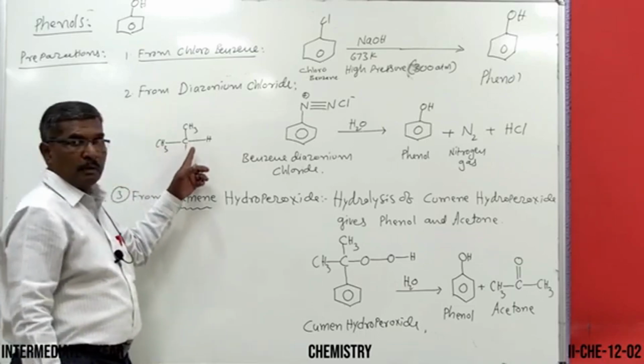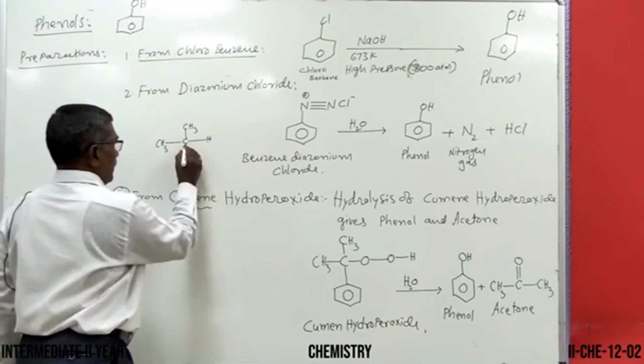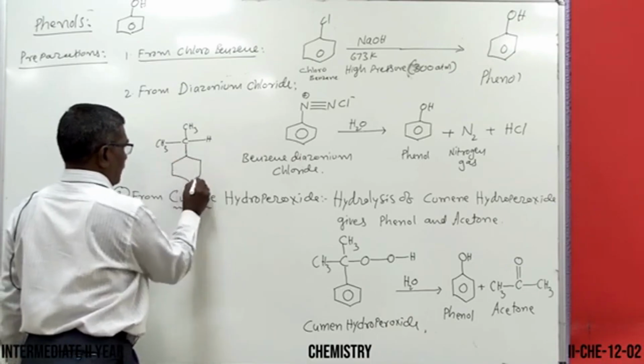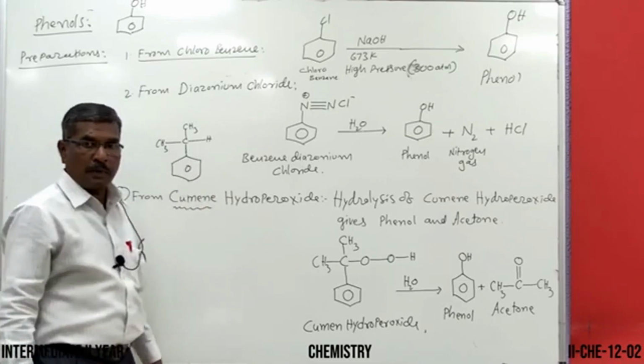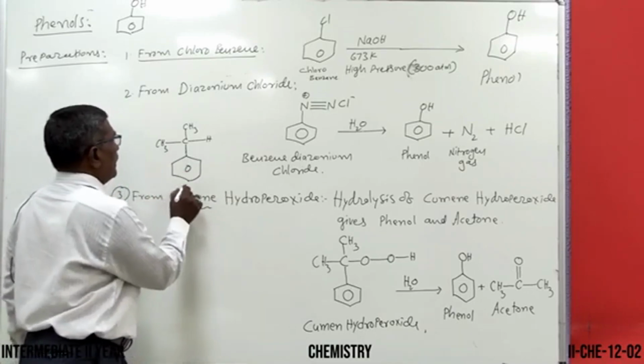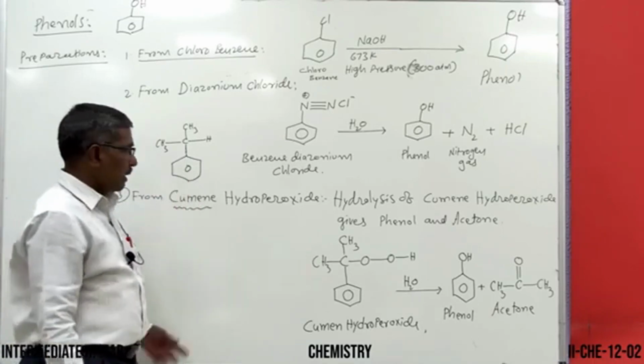Propane, when one hydrogen is removed from the second carbon, that is said to be isopropyl. This is benzene. Isopropyl benzene is said to be cumene. What is cumene? Isopropyl benzene. Commercial name cumene.